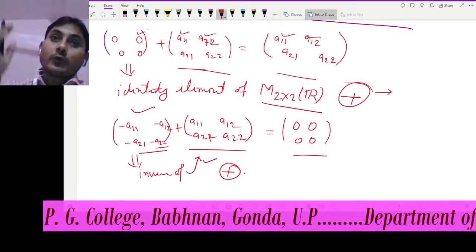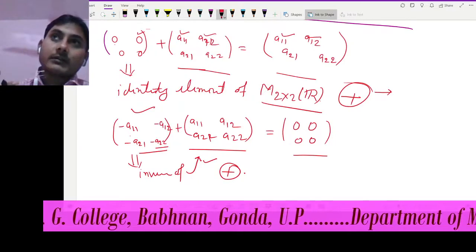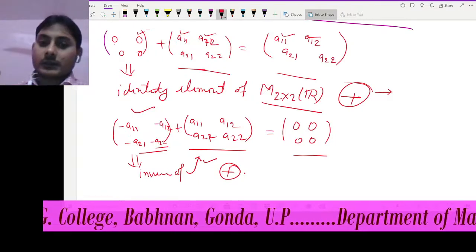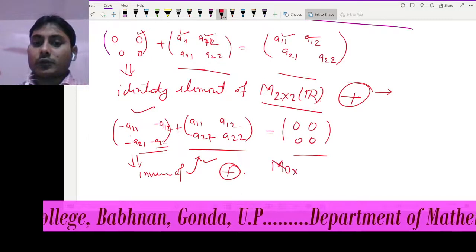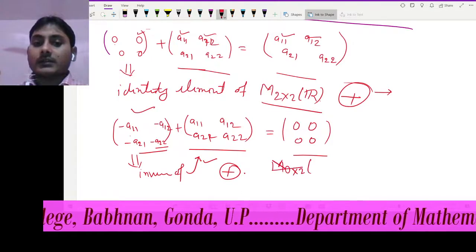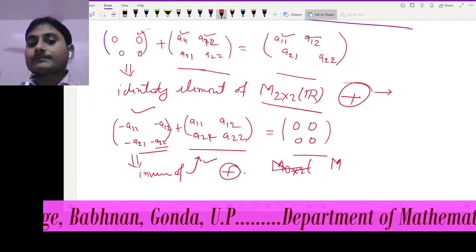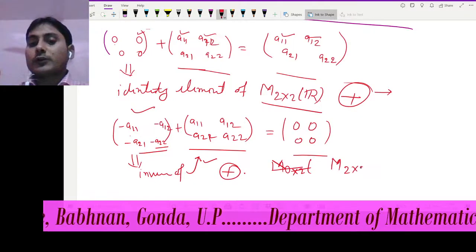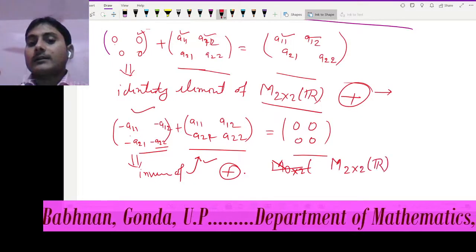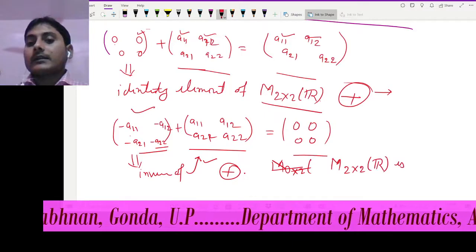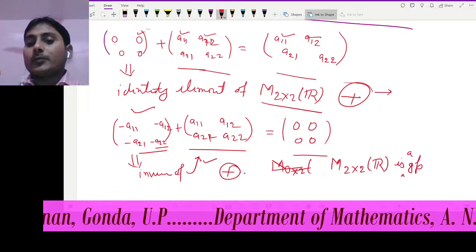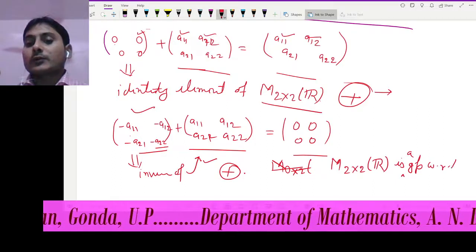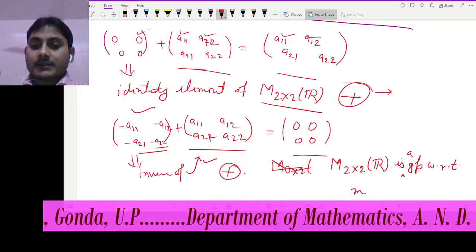Now you have proved that this particular collection M2x2(R) is a group with respect to matrix addition.